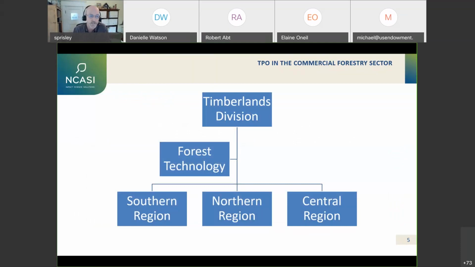And I worked in a little staff group called the Forest Technology Department, reporting to the technical manager who reported to the Timberlands Division Vice President. And we had 3 operating regions in Timberlands Division, and each of the regional managers reported to that Vice President as well. And our staff group was tasked with developing standards and data analysis procedures for inventory data, and then for summarizing and reporting that data up to division management.